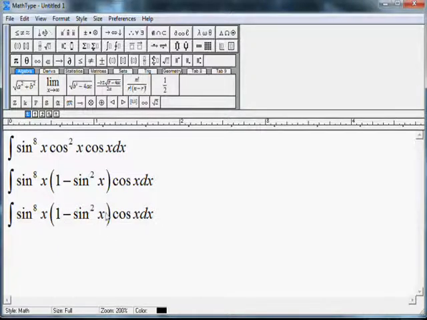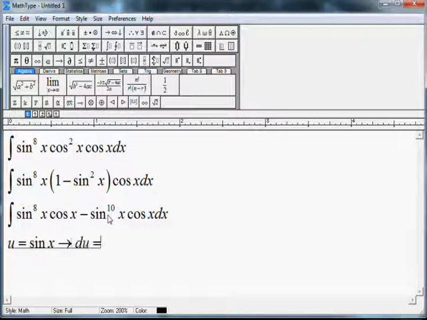Sine to the 8th, and then minus the sine to the 10th power of x, because you distribute it through, and then the cosine goes to each term. There. Now we once again can use u is equal to sine of x, and then du is equal to cosine of x dx.